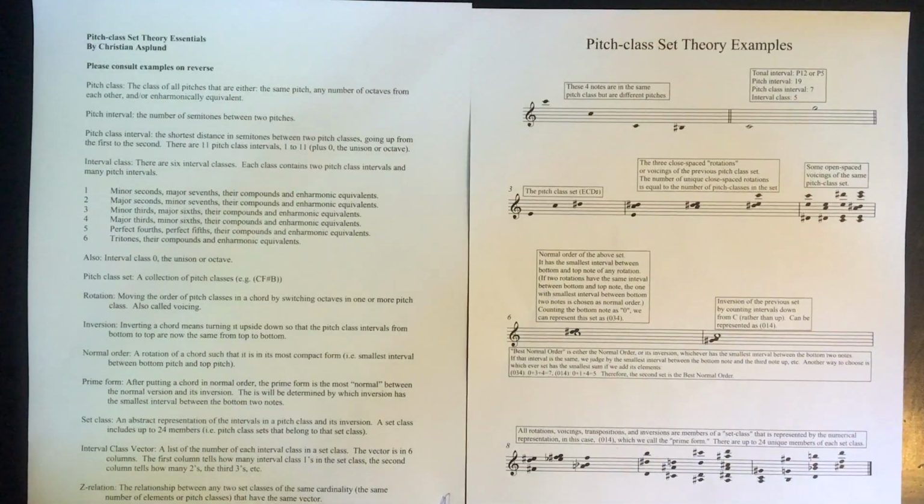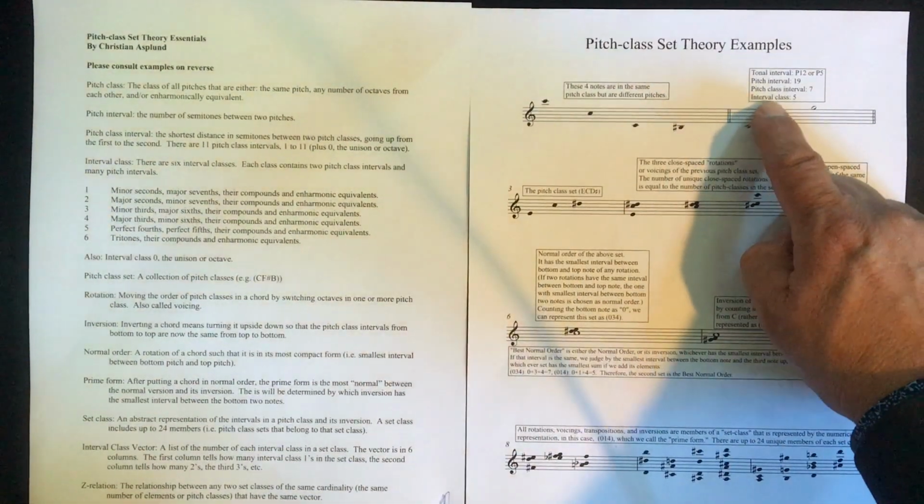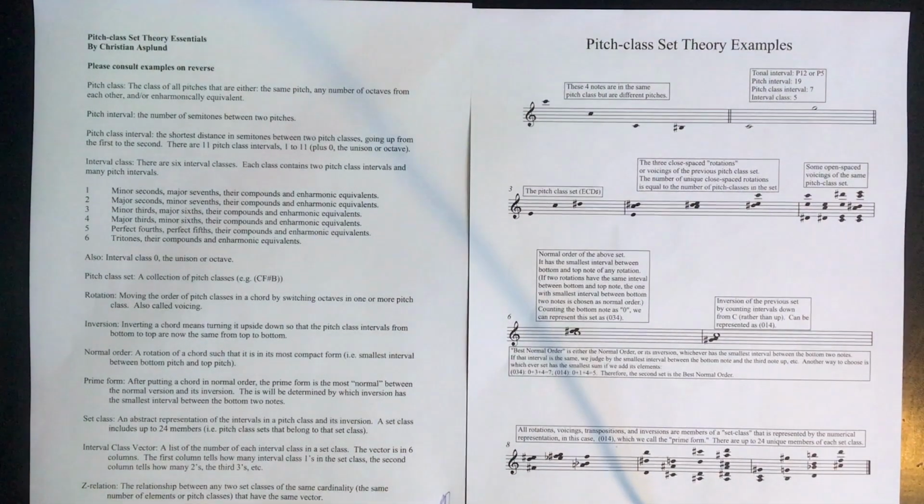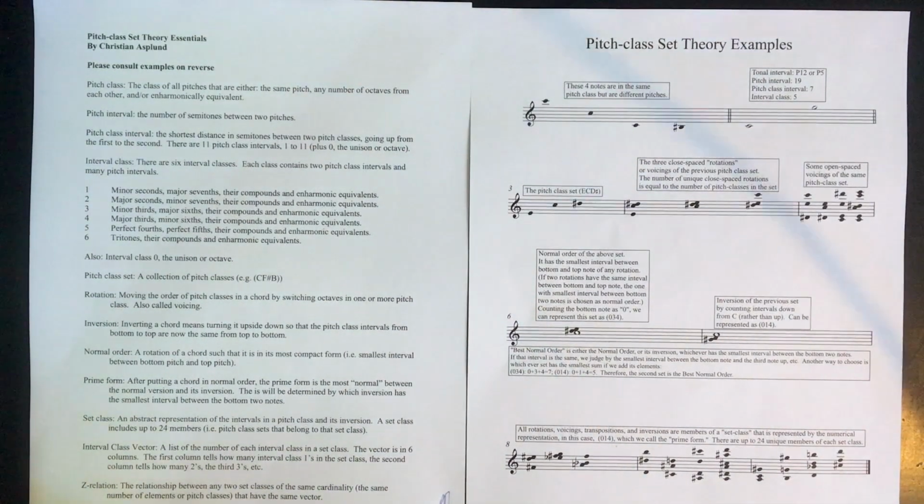Then we have one further abstraction of this interval, and that is the interval class. And this term, interval class, is an important one. Pitch class set theory, of course, borrows from basic algebraic terminology and uses very simple numbers.